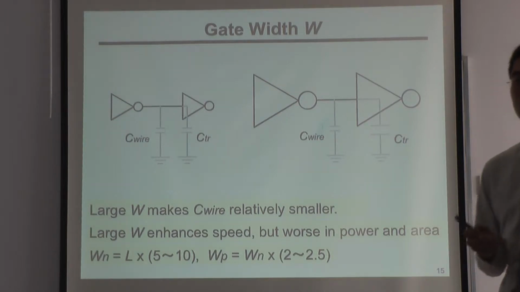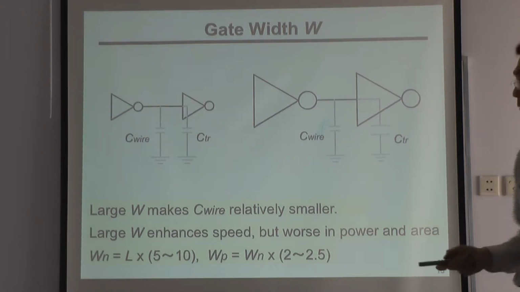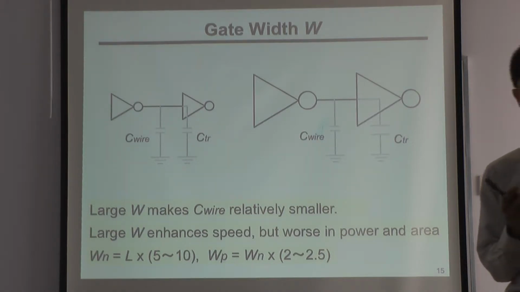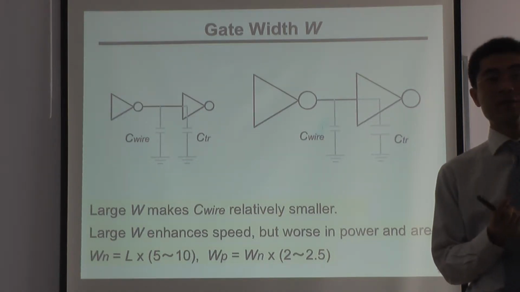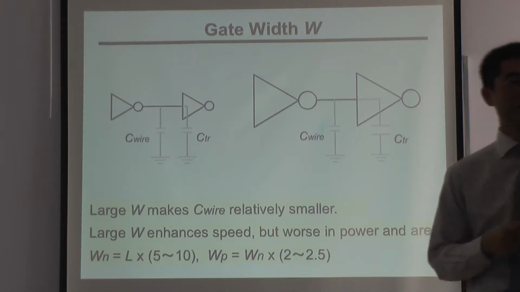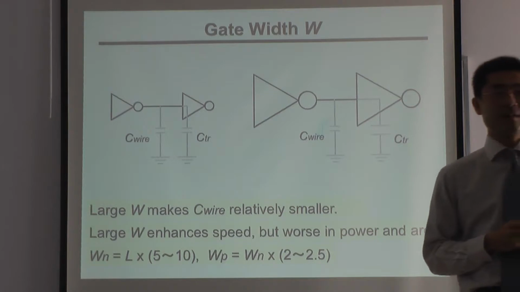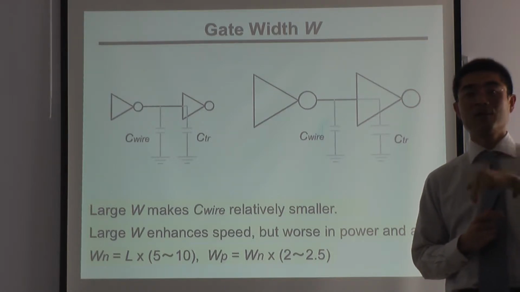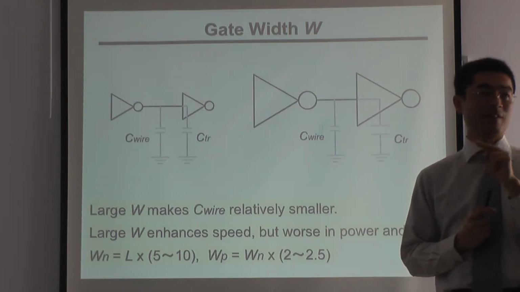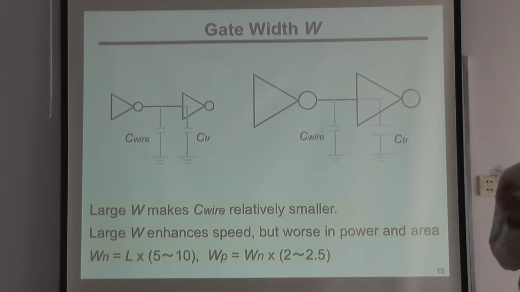So we have to simulate again and again by sweeping this PMOS width, and we want the same characteristics for PMOS and NMOS. I mean, the hold time and rise time should be the same in order to have a balanced circuit for NMOS and PMOS.